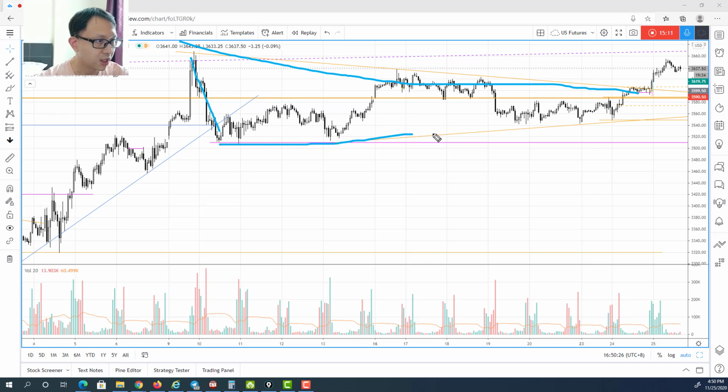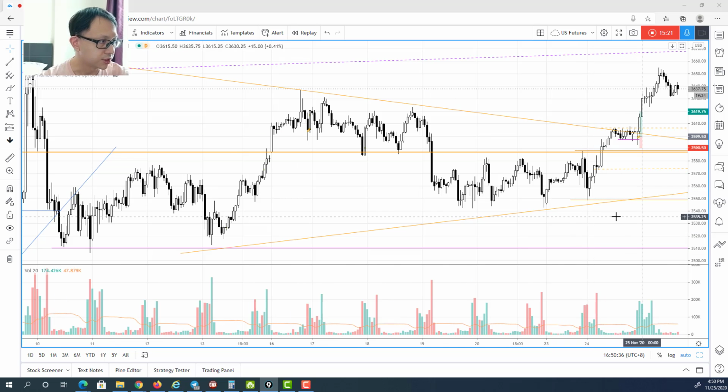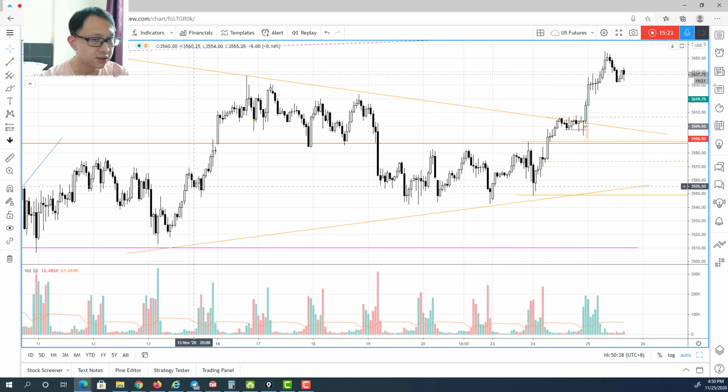So we have a higher low and also a lower high, kind of just settling the volatility, until the time is mature and it's ready to break out, which is yesterday. So we see this movement, which I also briefly mentioned.